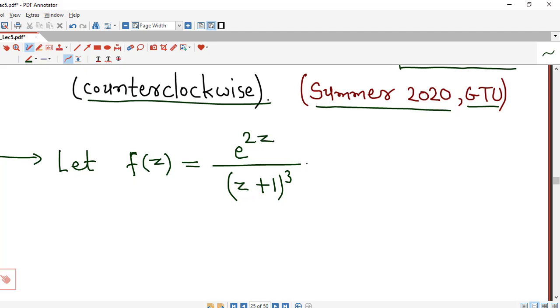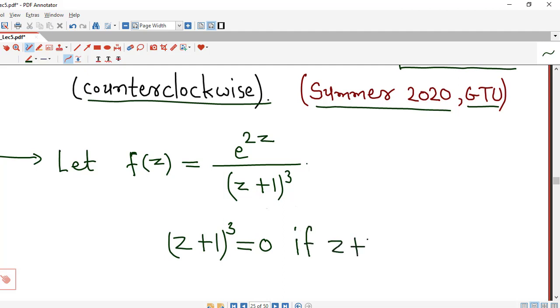We know that e raised to 2z is analytic everywhere, and (z plus 1) cube is also analytic everywhere. So f of z will fail to become analytic at those points for which this denominator is 0. So f of z is not analytic at those points for which (z plus 1) cube is 0.